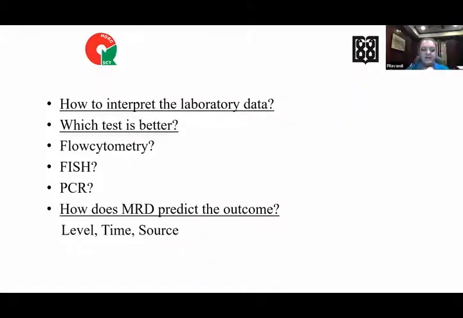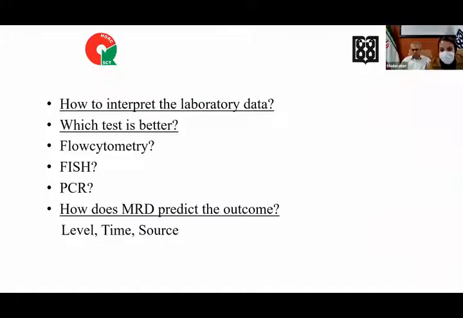Can I just say the international scale was developed for CML and really involves the P210. The standardization of the international scale is essentially based on the P210 BCR-ABL, and in the more recent publications on BCR-ABL in Ph-positive ALL, the P190 really just used log reduction, not based on the international scale.